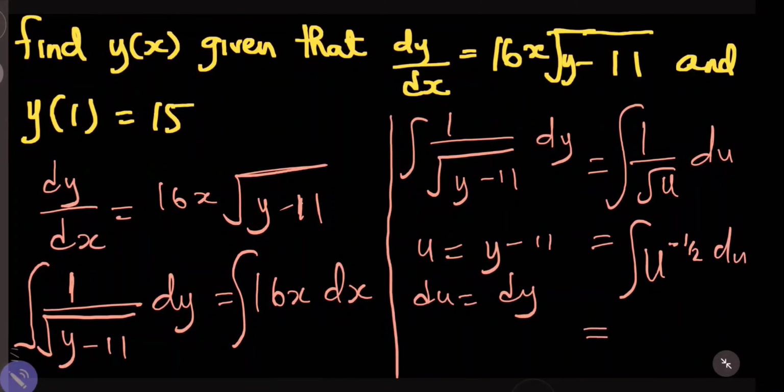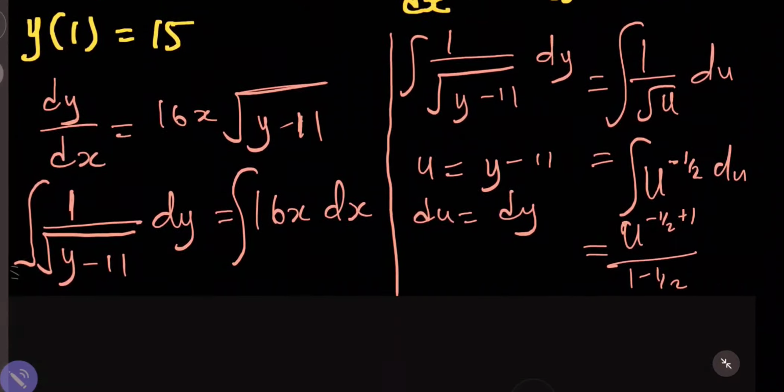So integrating this, we would have u raised to power minus half plus 1 all over minus half plus 1, and that would be 2 times root u. Let me reiterate.